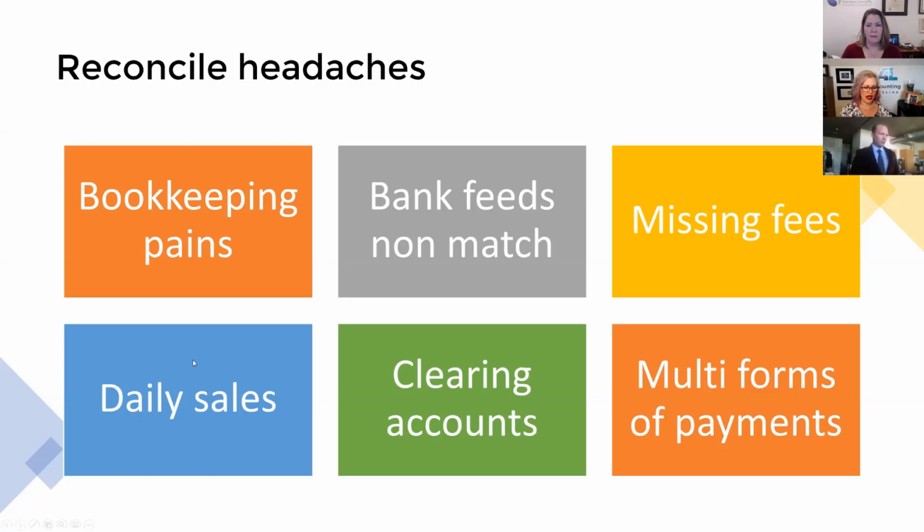And so A2X is a really good solution for both Amazon and Shopify. But these daily sales help you to manage those multiple forms of payments. And you may still have some clearing accounts, but it's going to definitely greatly reduce the amount of clearing accounts that you have. And you may actually even alleviate the need for them.